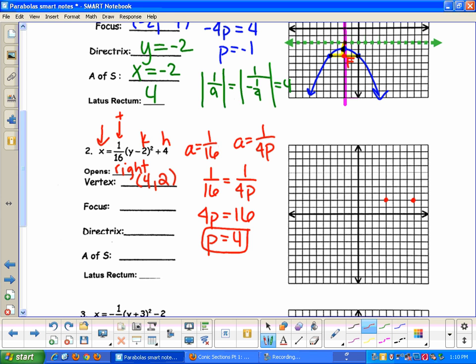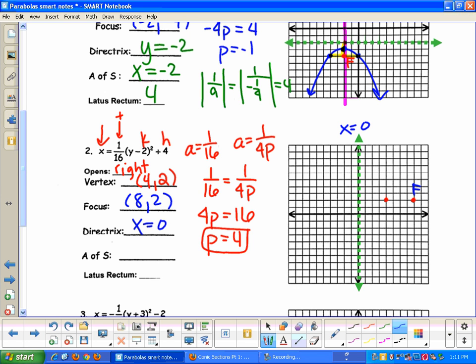And then if I go to the left 4, that's going to give me my directrix, which is going to be right here, so on the y-axis. Now I can find this point. So if I just even count on my graph, I have the focus at 8, 2, and the directrix is at x equals 0.